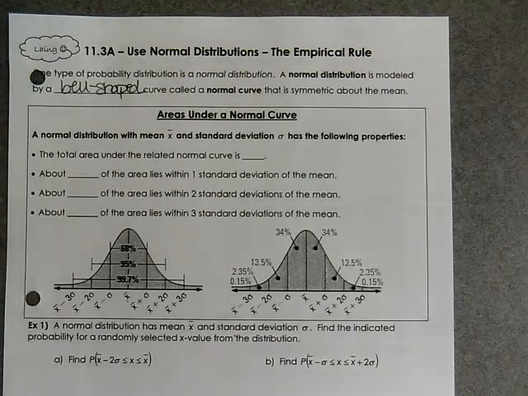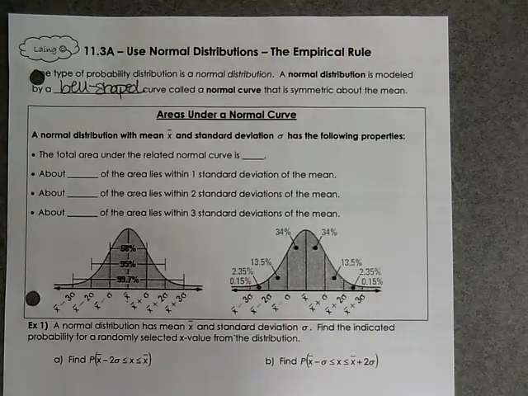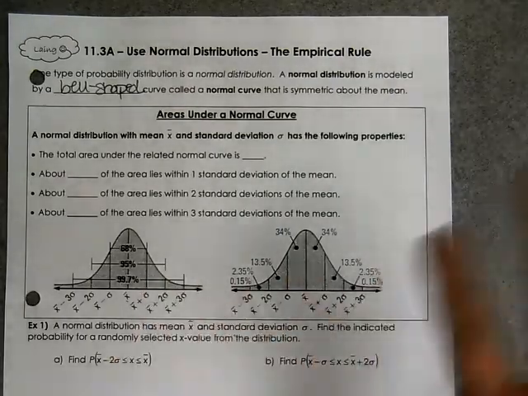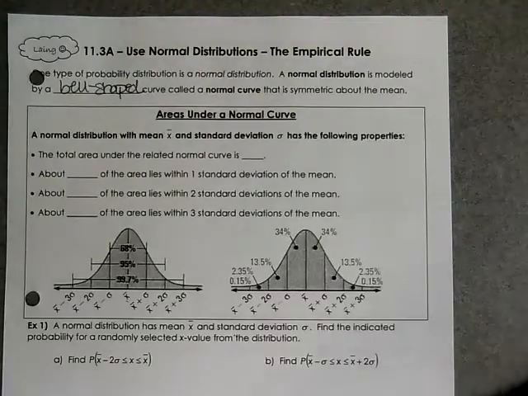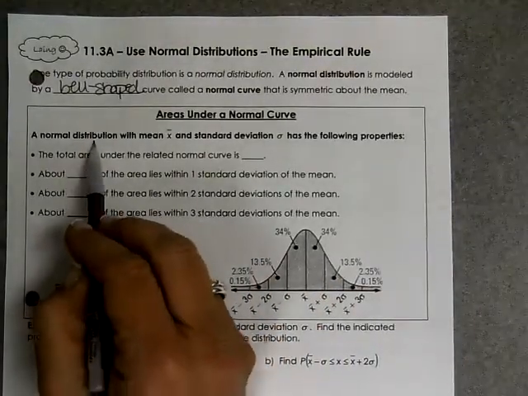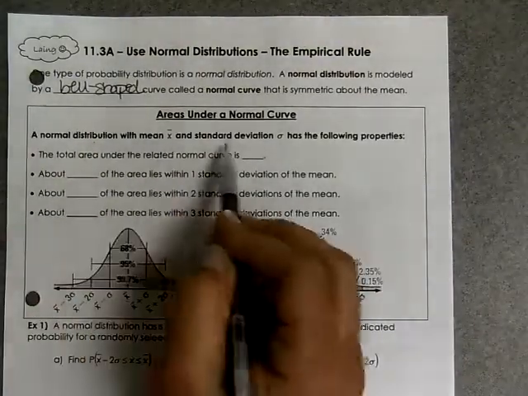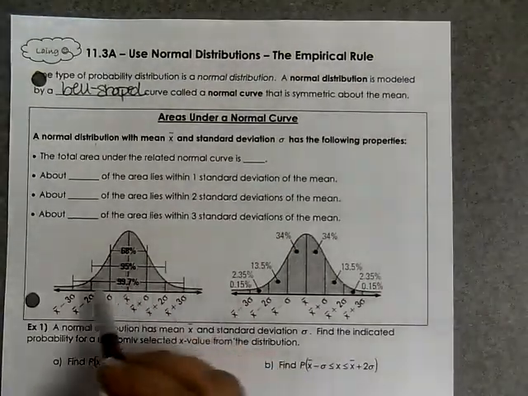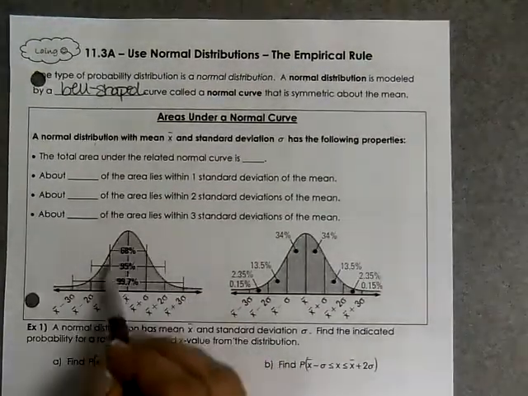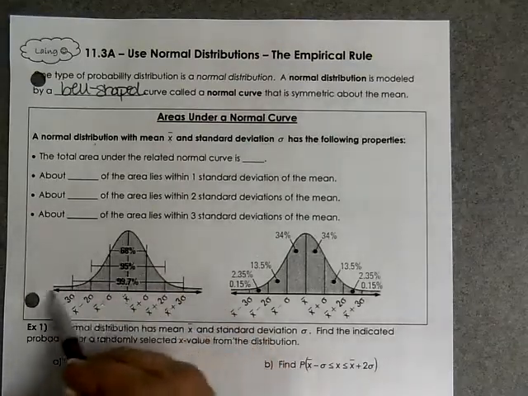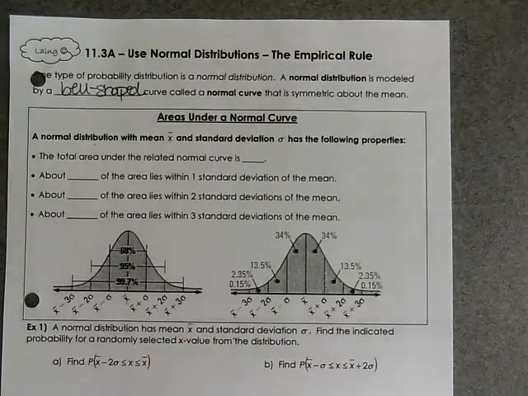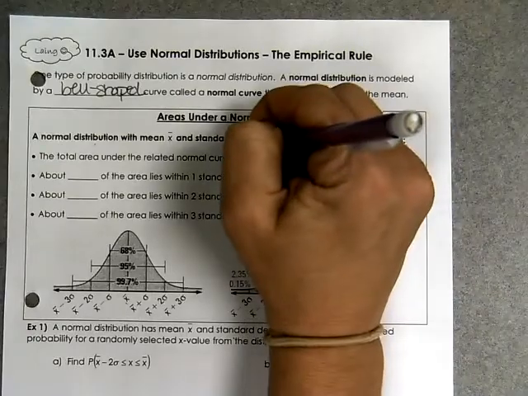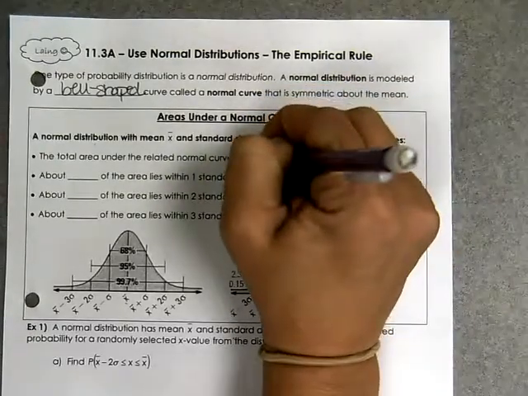Some things naturally fall towards a normal distribution, and that's why we are going to spend 11.3 talking about normal distributions. A normal distribution with a mean, x bar, and standard deviation sigma has the following properties. First of all, the total area under this curve represents all the different values that are possible, which means it's going to be 1 or 100%.